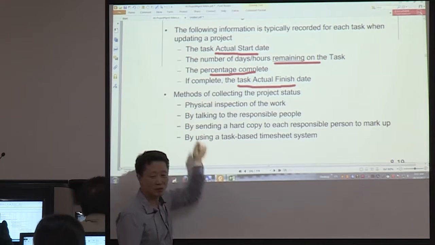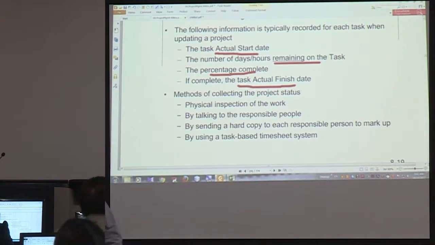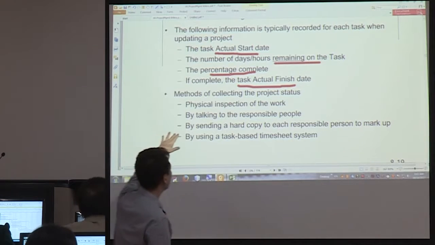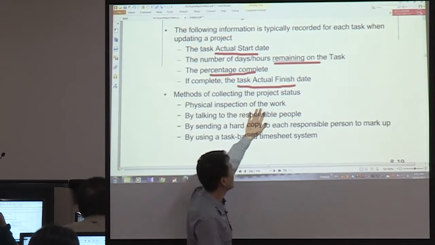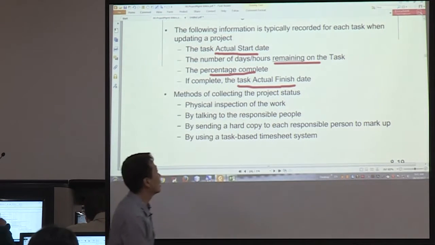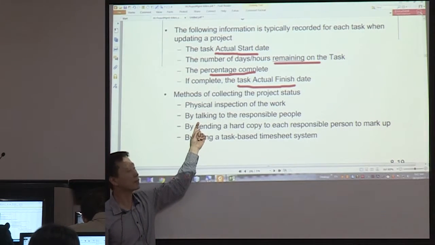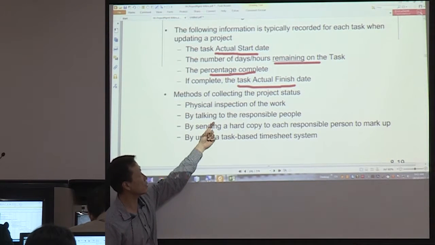You can just go in there and look at it. If it is a construction project, you can see how they are doing. Our concrete is done. This wall is going up, 50%. You can see it by physical inspection of work. Or you can talk to the person. What is the actual completion percentage and so on.